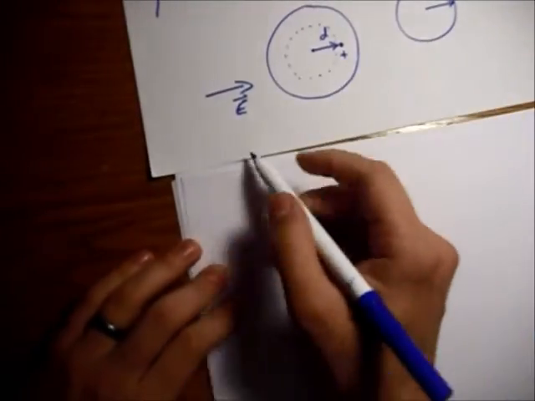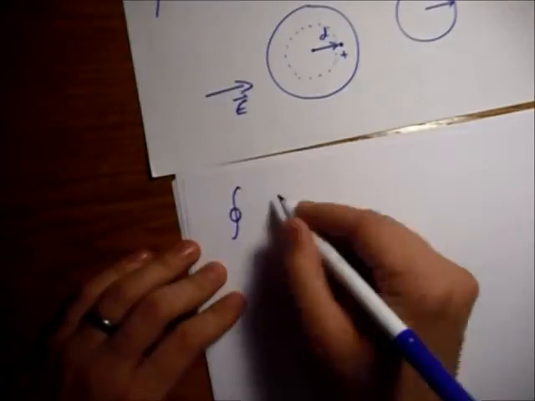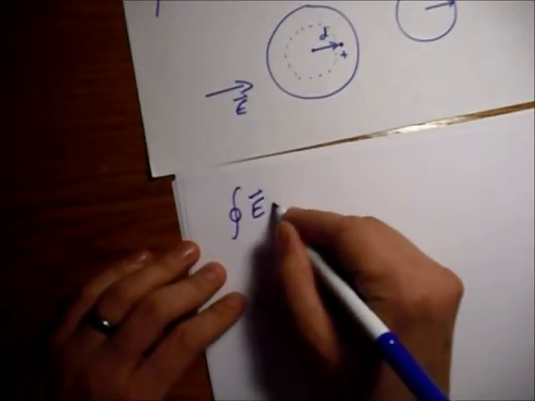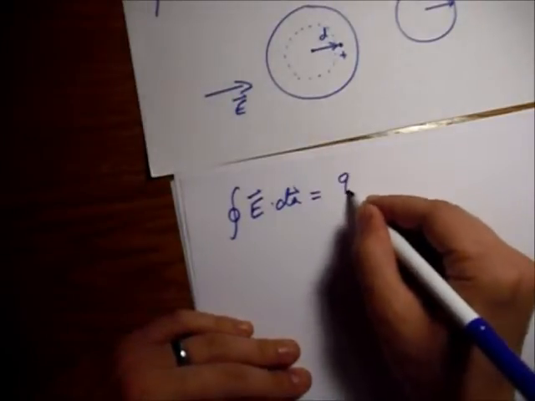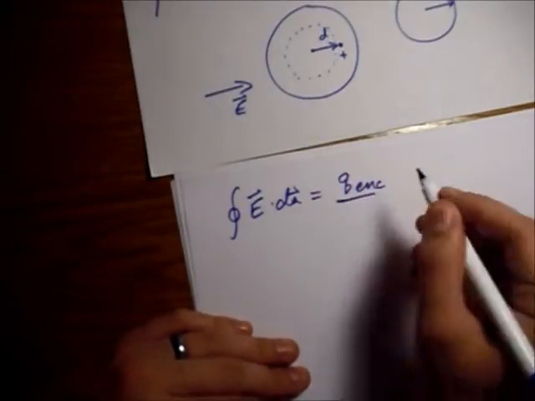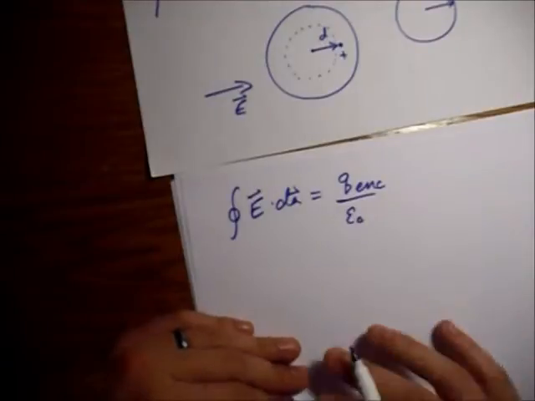Just using Gauss's law, we have the integral of E dot dA equal to the enclosed charge divided by the permittivity of space.